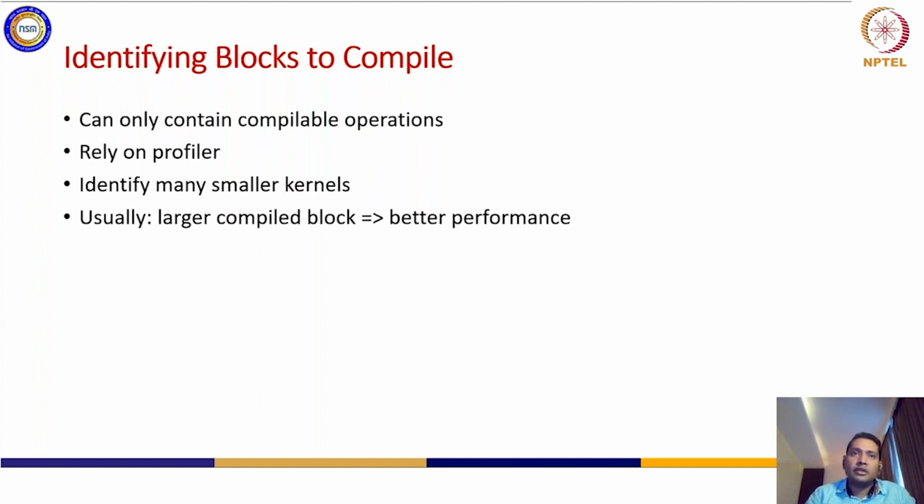You can use the TensorFlow profiler or any profiler, dlprof also, to identify the many smaller kernels that are bottlenecked. Usually a larger compiled block gives you better performance in terms of XLA compilation, so you can just try it out and see what is best for the particular training loop you are defining.